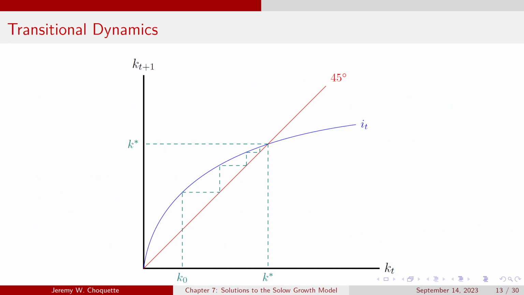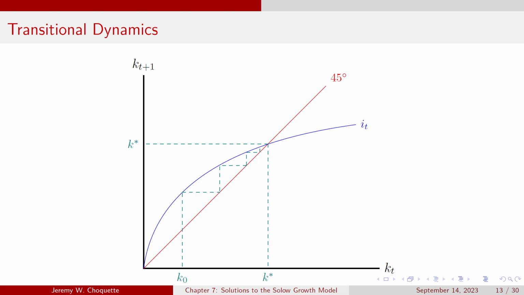So if I've got K_{t+1} against K_t, and I have this 45-degree line, and I plot out investment here, if I've got K naught being lower than, say, K star or K_SS, then essentially I will save more and consume less.